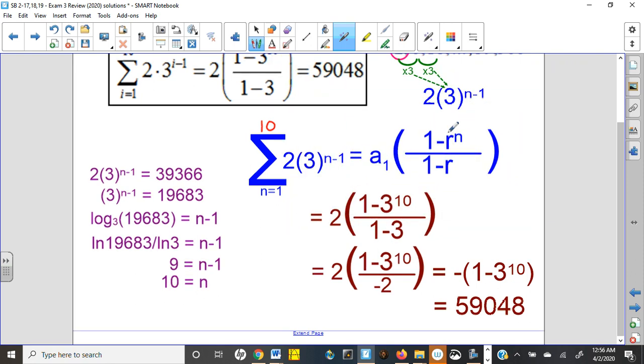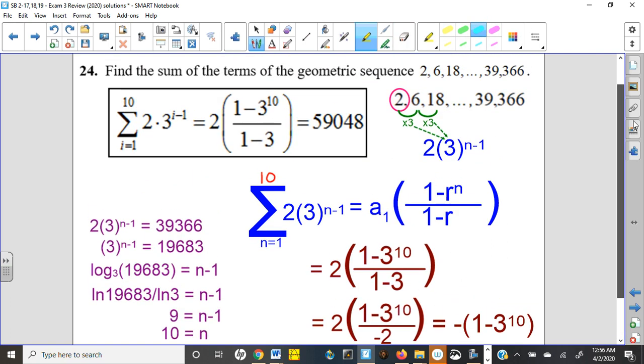And you just have to plug the numbers in and then be careful when you enter it into your calculator. So what I did is I looked at the pattern up here and I said, oh, the first term is a 2, so I'm gonna start with a 2. And the common ratio, we found was a 3, right? So I'm gonna put a 3 here and a 3 here.